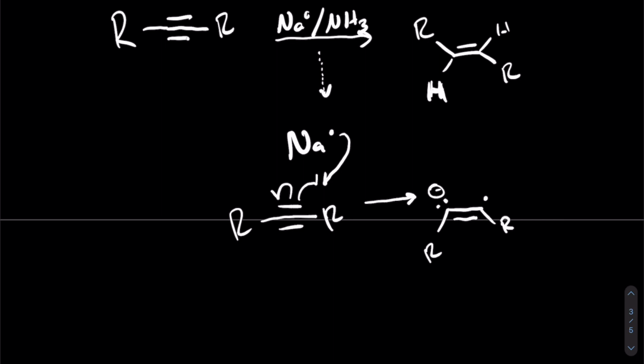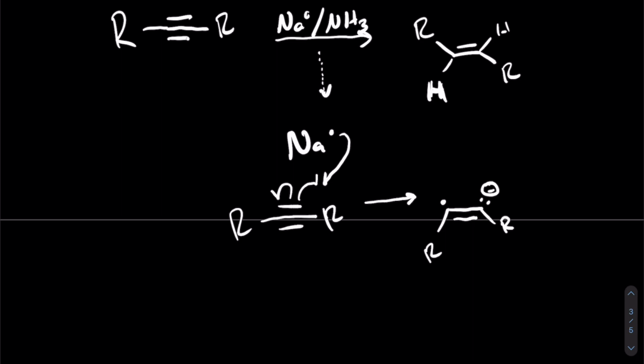Actually, let me erase that because it's on the same side. So what we end up with is the radical anion over here, and then there's a radical on that side. Now this is not stable. First of all, these two R groups are close together, and it's allowed to interconvert.